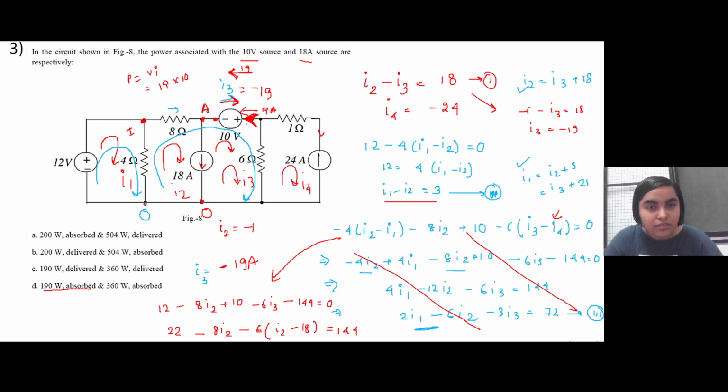Ma'am, but 18 amps is also going through it. No, look, at this node there will be current flowing here and here.